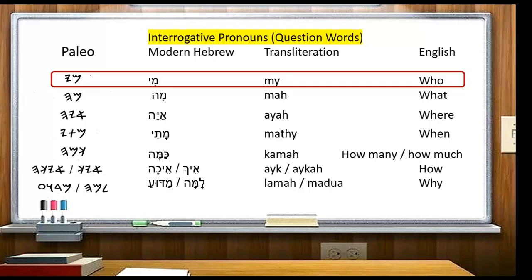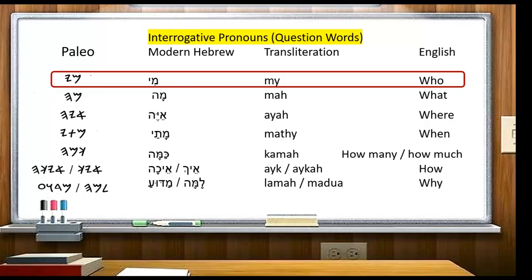No, the yad in Yahudyth, of the 22 letters which you know as Hebrew letters, is pronounced E. So though you see my as the transliteration, the pronunciation in Yahudyth is me and not my. So to say who, you say me.